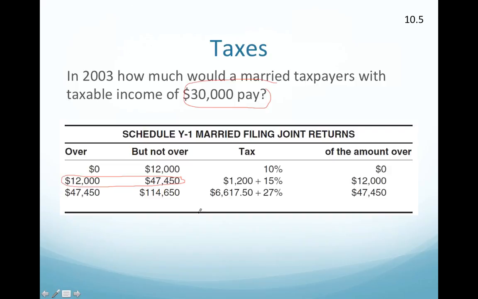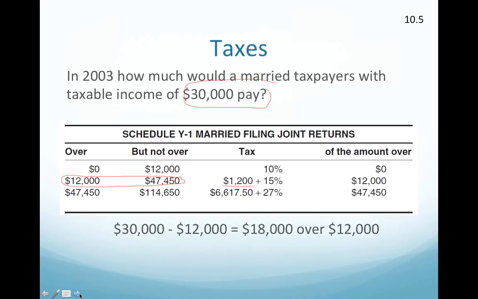Let's look at it and see. We know off the bat that $1,200 is fixed. Anything above 12,000 is going to be charged at 15%. In this case, we've got 30,000 minus 12,000, so $18,000 of this money is above 12,000. So we'll charge 15% on 18,000 plus the 1,200.